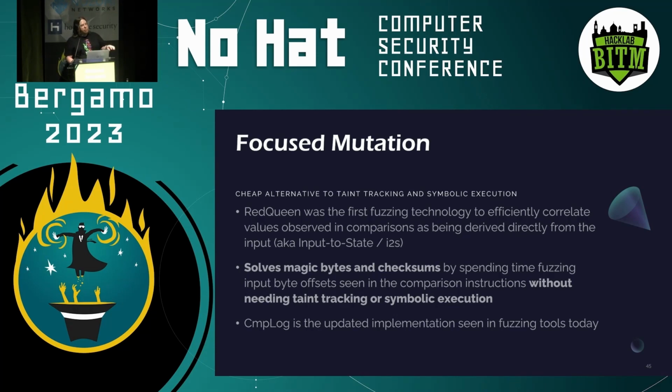So you're trying to bypass this constraint, and you more or less brute force each byte to determine that this offset influences the value we're seeing in memory that's being compared. And so then it can drill down and focus on that. So rather than having to use a complicated solver, it's using a gradient descent kind of approach, input-to-state. This is called Redqueen. It's very powerful, and it solves a lot of problems that fuzzing normally wouldn't be able to solve.